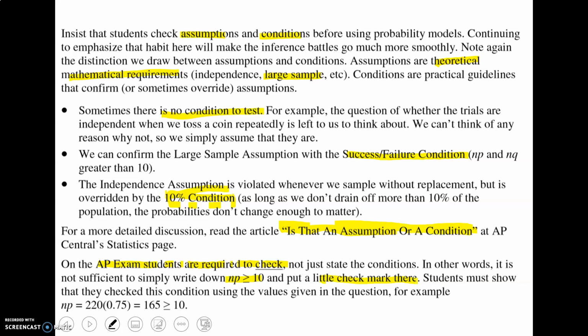You have to show a number, and it's better if you can write it out, okay? You can write out this is a success and failure condition, and it has to meet np is greater than or equal to 10, and then you show as evidence what that number is from your question, okay? So very, very important. Don't miss points just because you got lazy in writing it down.